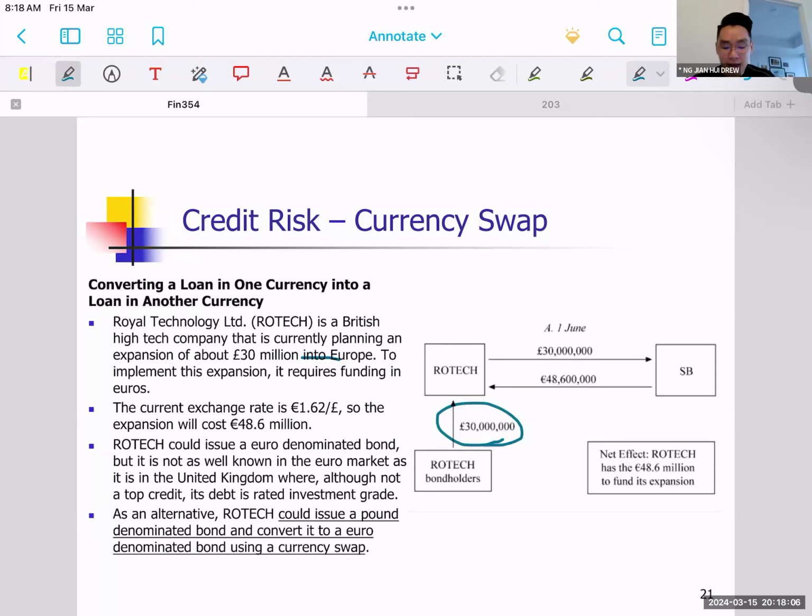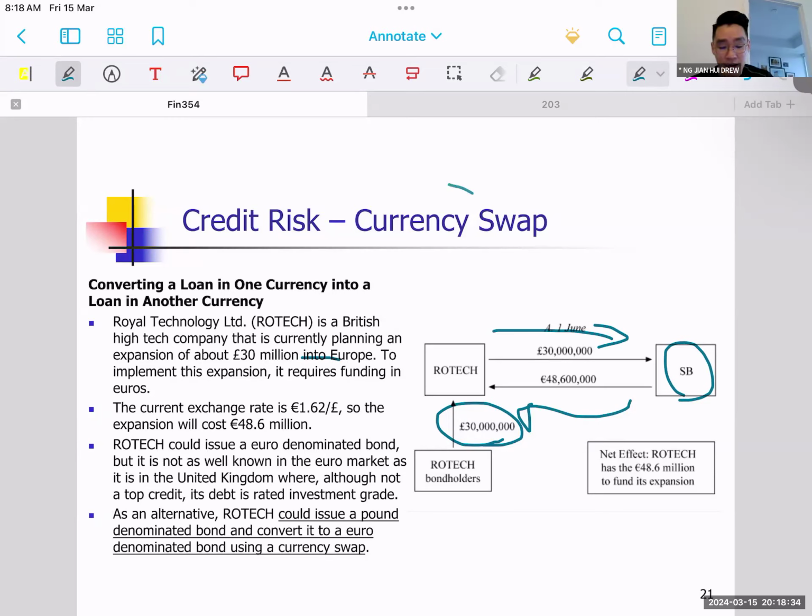Because it wants to expand in Europe, it enters into a swap agreement with a swap banker, where it will give the 30 million pounds to the swap party, and the party itself will give a euro equivalent, based on the swap agreement, to Rotec.